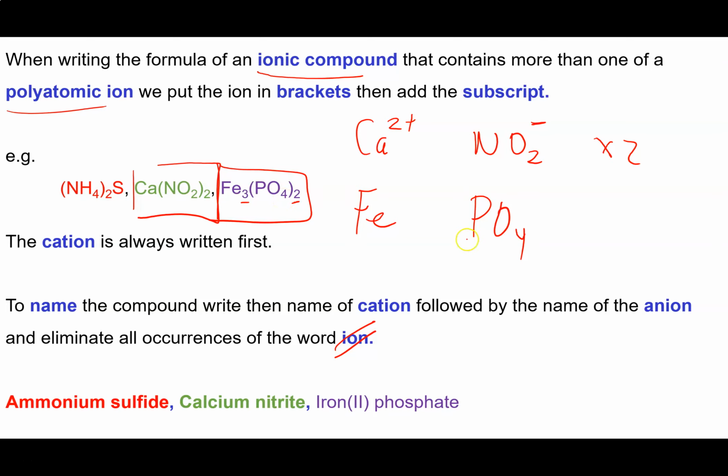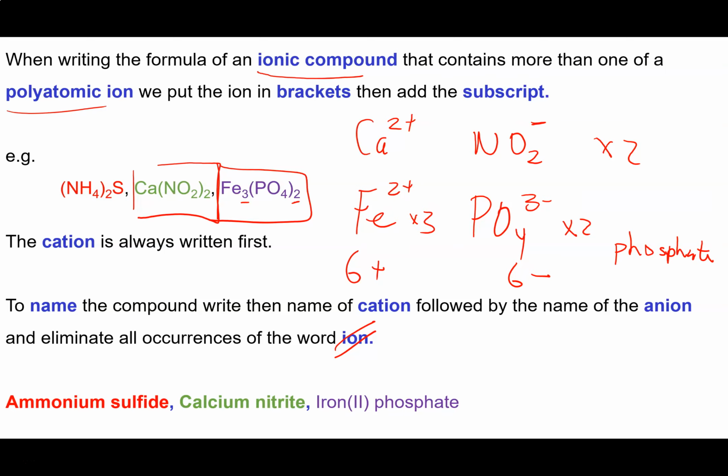I go to my table and I see that the polyatomic ion PO4 has a 3- charge. It's called phosphate. Now I've got 2 of those, which gives an overall 6- charge. So I must have an overall 6+ charge, and as I've got 3 ions, it's got to be 2+.